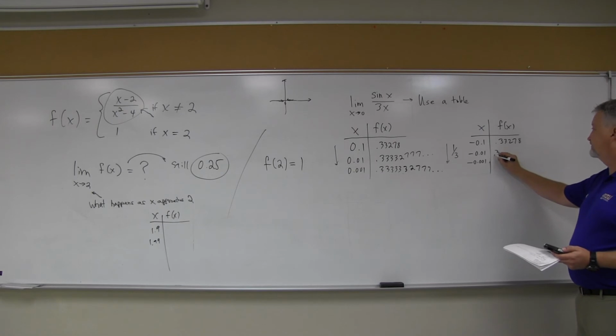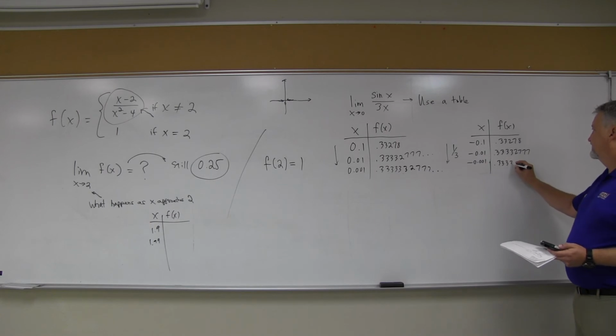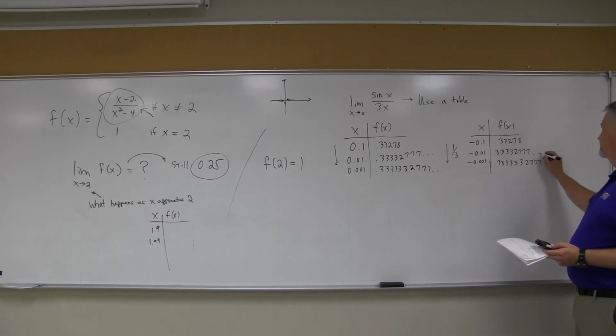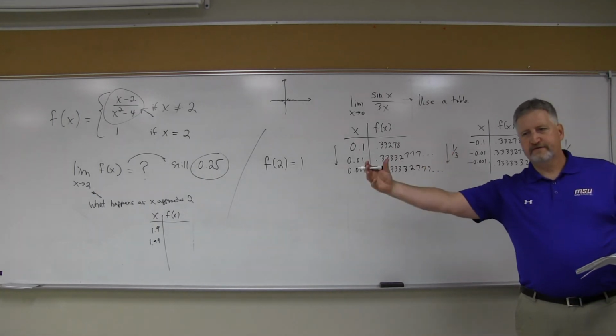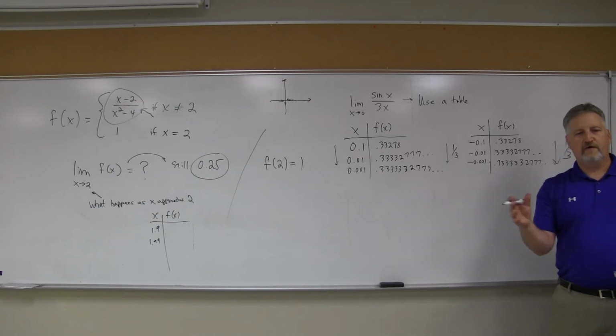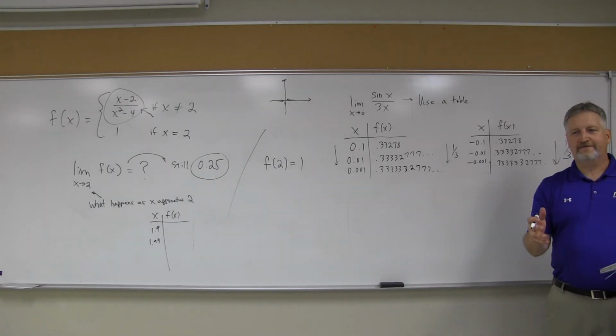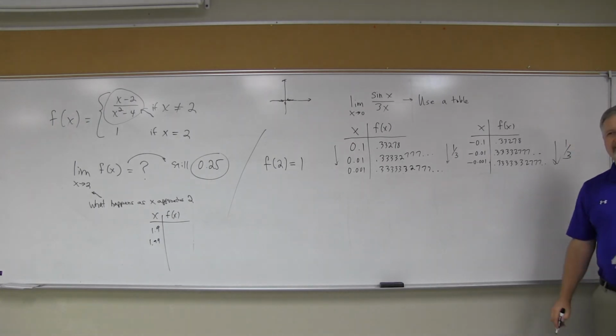Sometimes that happens. So not only from the greater than side of 0 does the function value approach 1/3, but also on the lower, less than side of 0. Same thing happens.